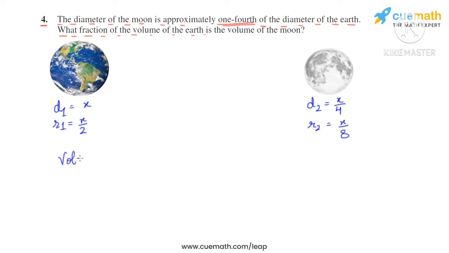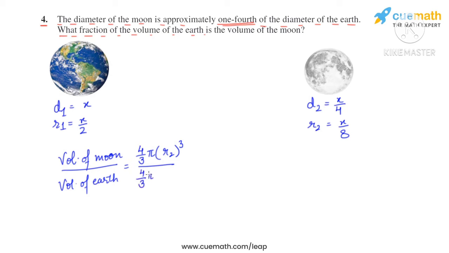So volume of moon to volume of earth is equal to 4 by 3 pi r2 cube, since radius of moon is r2, and 4 by 3 pi r1 cube, since radius of earth is r1.